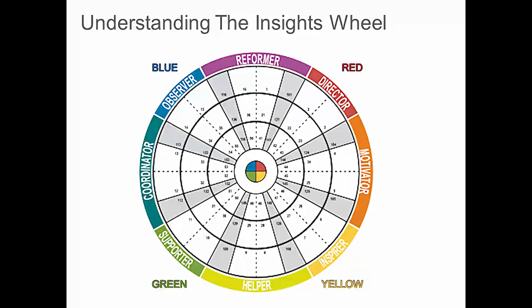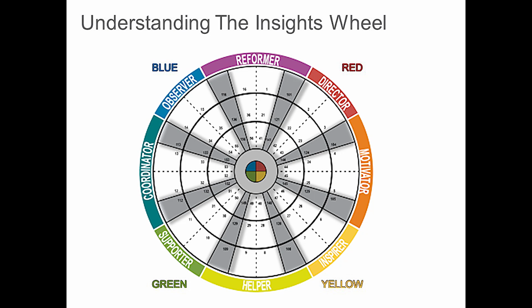So 24 spokes representing 24 combinations of color energies combined with which of the 3 rings your conscious wheel position falls in. Each wheel position is also designated with a number. The number itself does not have any meaning, but it is simply a way to point at one of the 72 possible wheel positions.